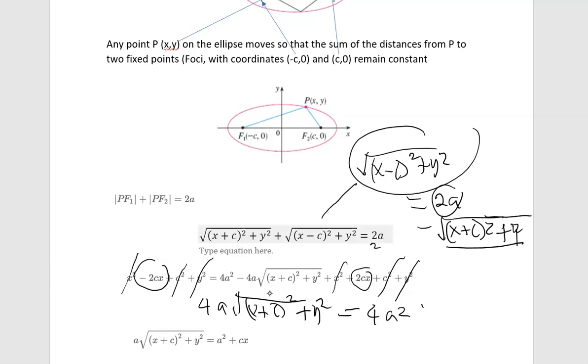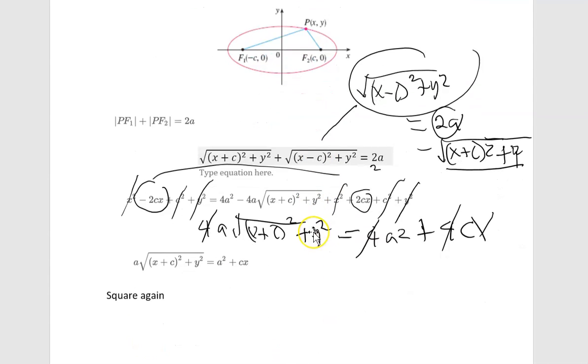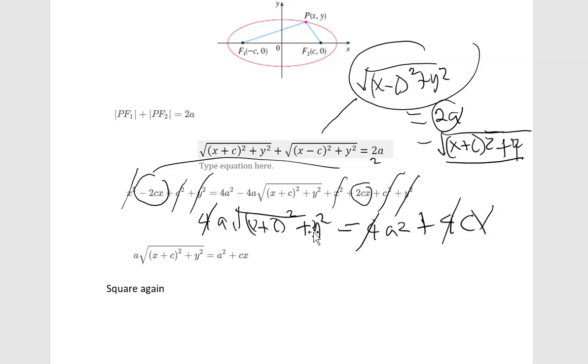If I bring this onto this side, I get plus 4cx. So if I cancel the 4's, then I'm left with a times the square root of x plus c squared plus y squared, right?